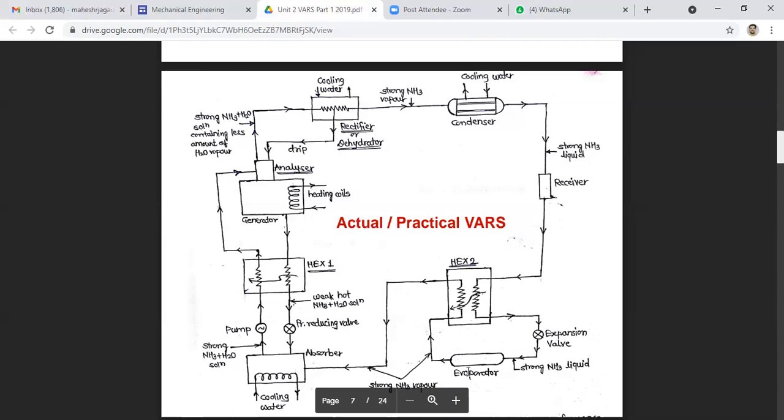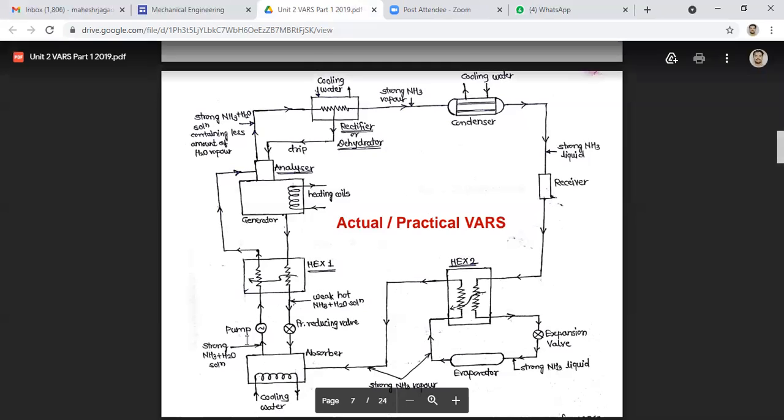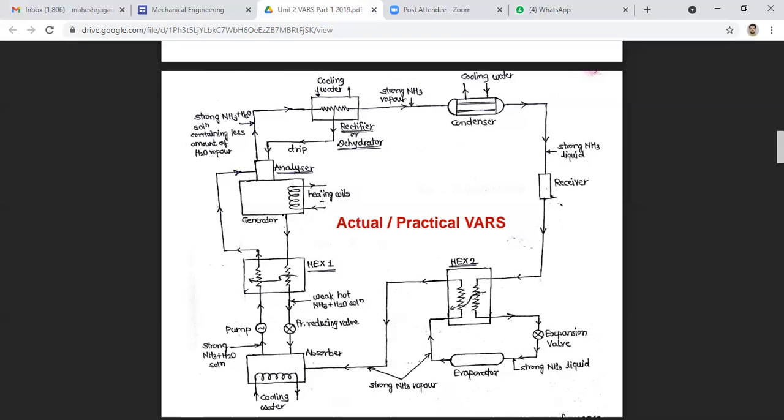So the total energy required to operate the system is equal to the sum of work energy required to operate the aqua pump and the heat energy supplied to the generator. So only these two are the energy supplied.